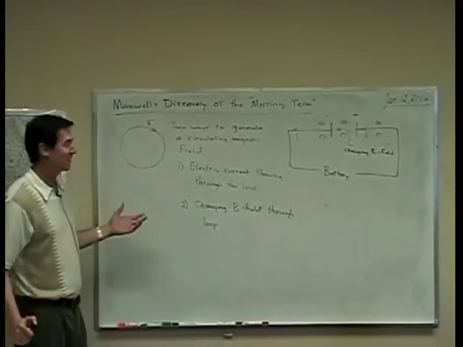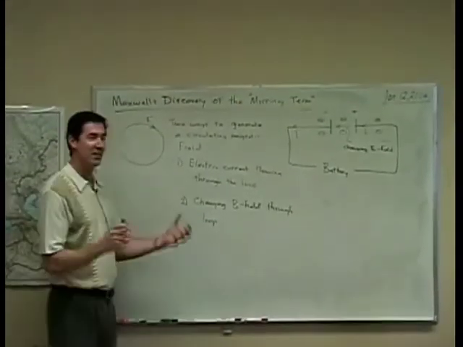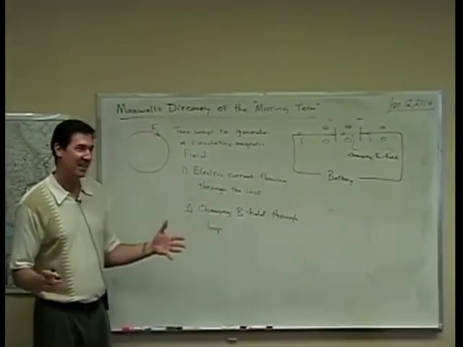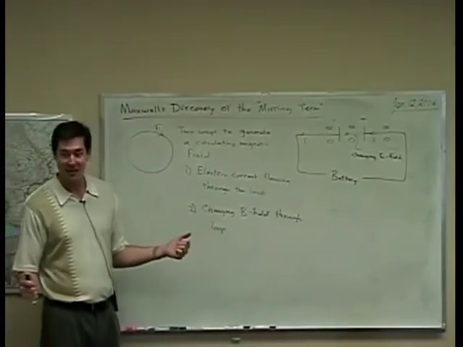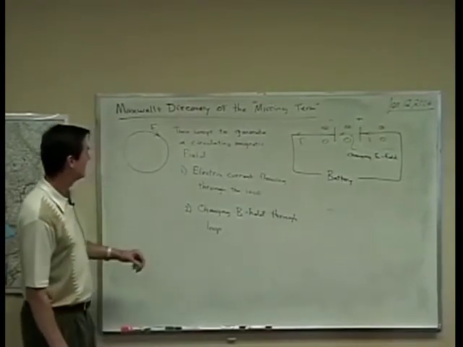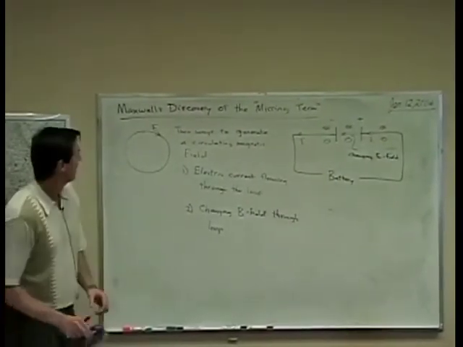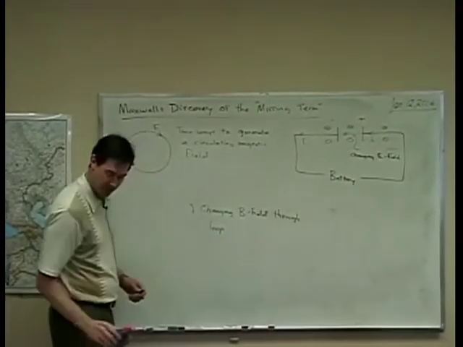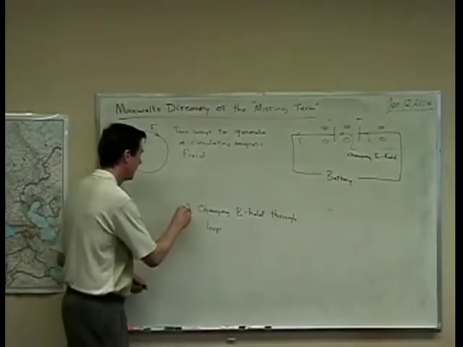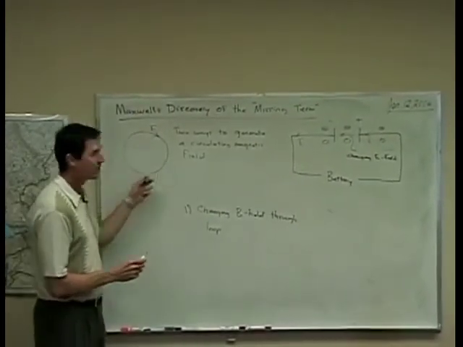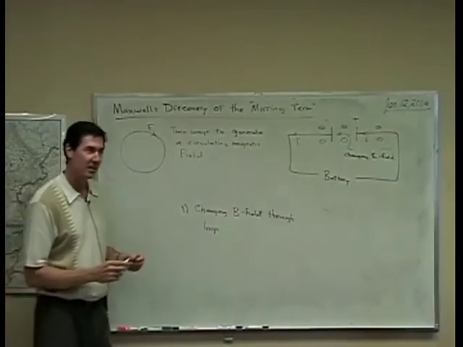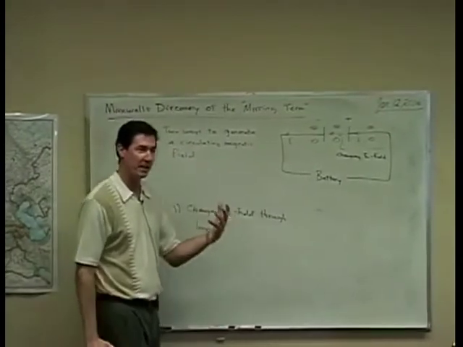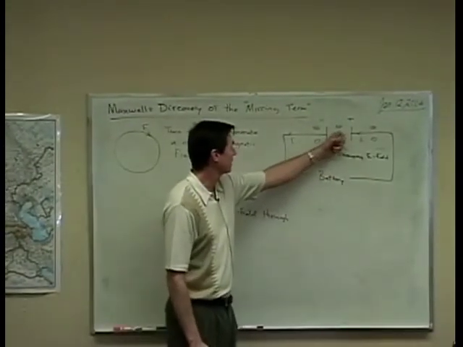Then you couldn't have electricity either. So there is this difference between electricity and magnetism: there are electric charges, there aren't magnetic charges. So in fact, there's only one way to create a circulating electric field.